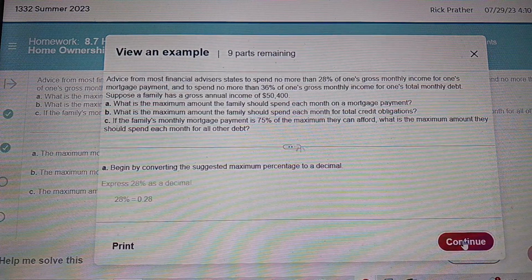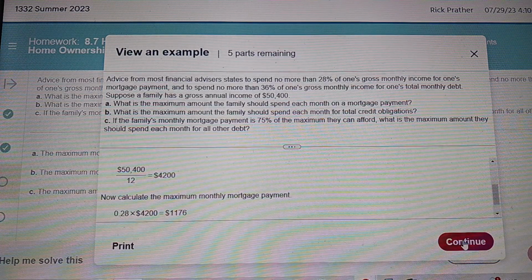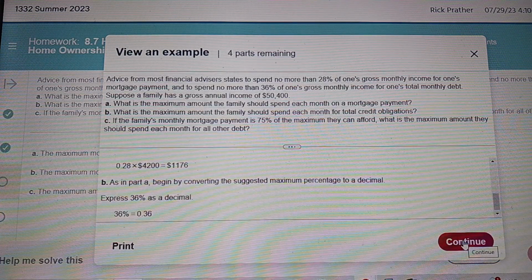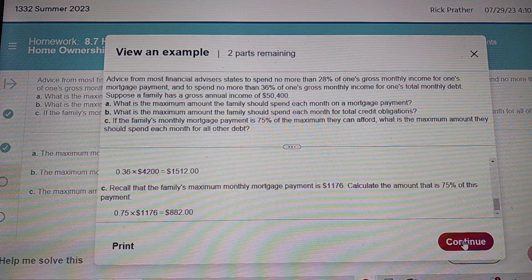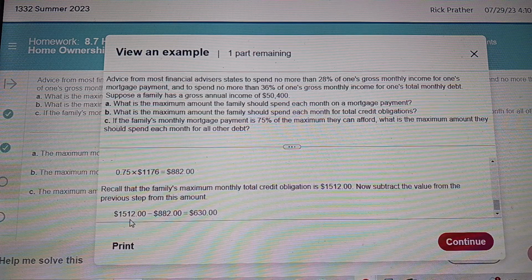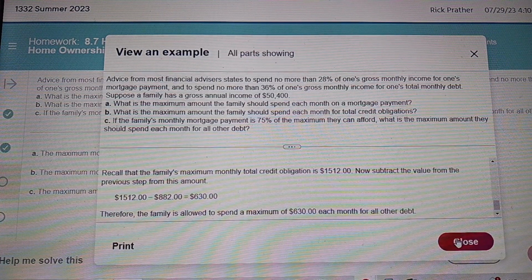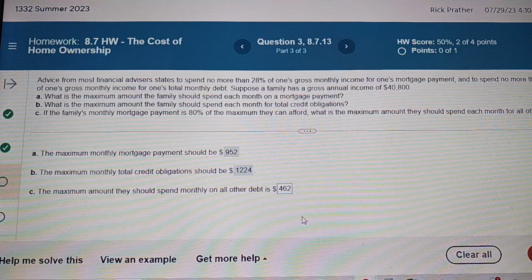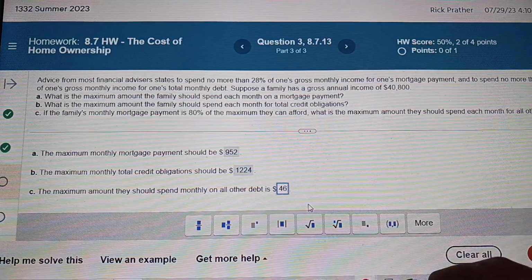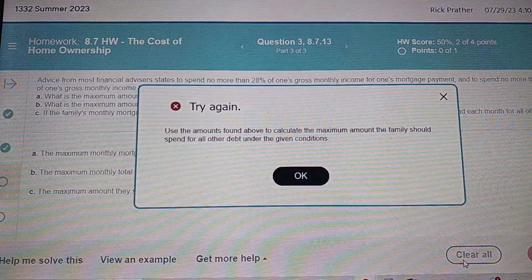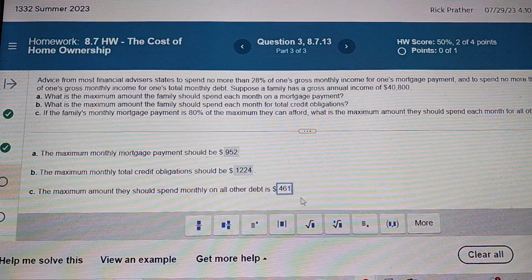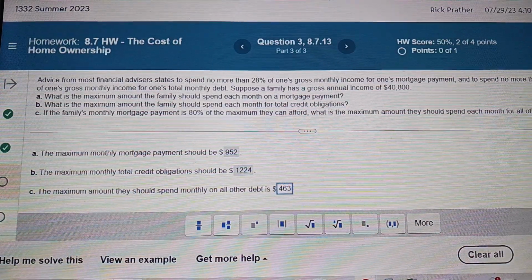Did I do wrong on that part? Part B, okay, we got that. So there's the 80%. I'm not sure what's wrong with this one.